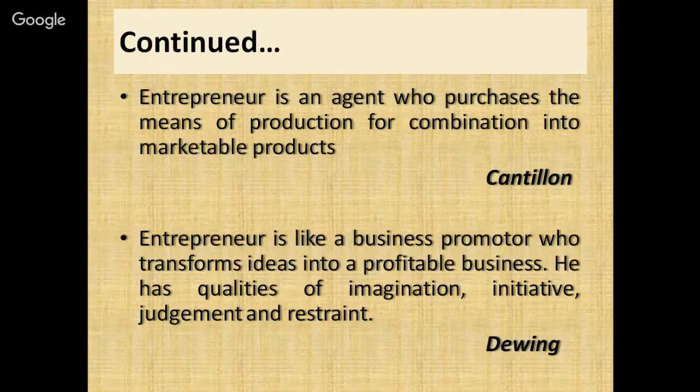Then according to Dewing, an entrepreneur is like a business promoter who transforms an idea into a profitable business. He has qualities of imagination, initiative, judgment and restraint. Here I would like to elaborate on the difference between creativity and innovation.